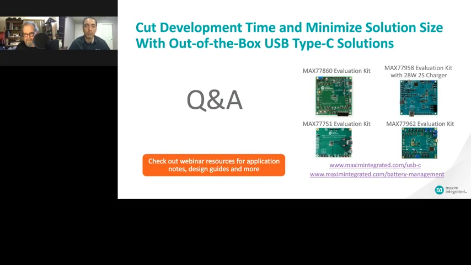With that same method, the microcontroller or the application processor on the board can program the MAX77958 to an updated firmware. When and if the standard gets updated, Maxim will release new firmware, which will be available on our website, and you can update that firmware anytime.